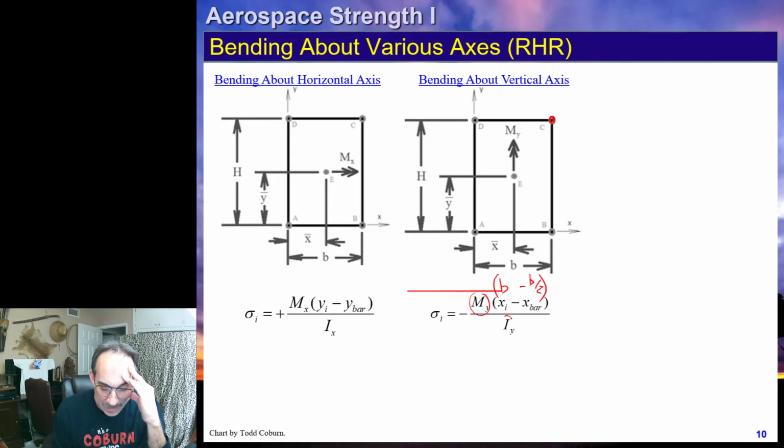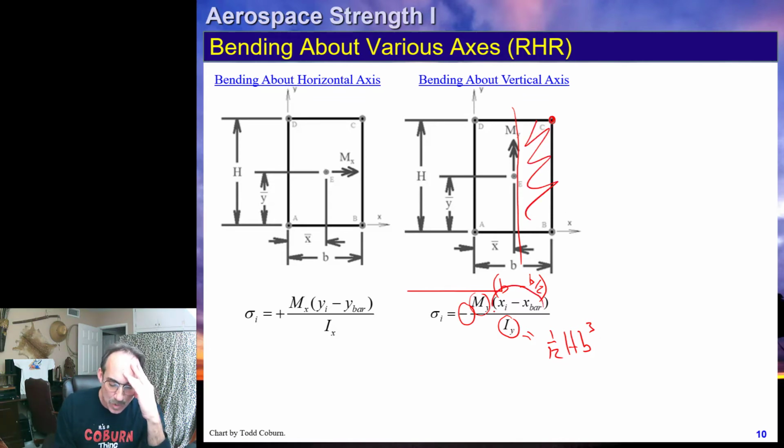Our moment is divided by the moment of inertia about that axis, which is 1/12 hb cubed, because we're talking about bending about this axis. And we have a negative sign because any point over here has this quantity positive, and it's going to drive a negative stress. So this negative sign takes care of that.